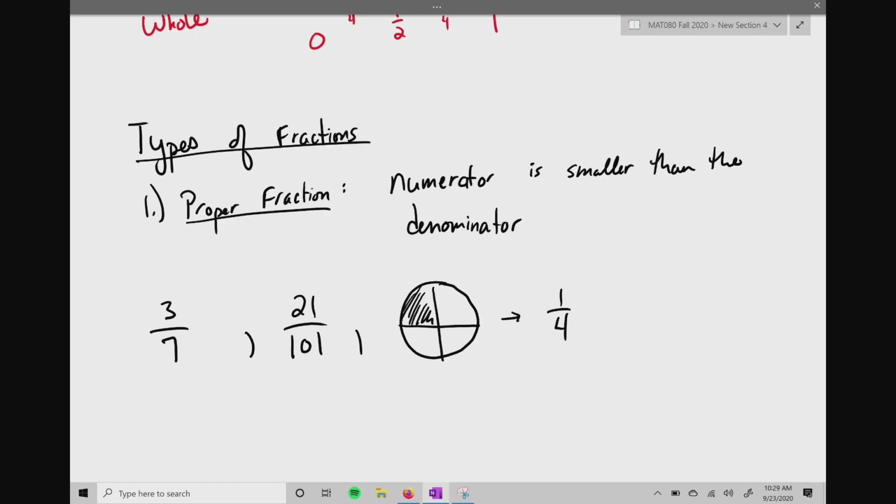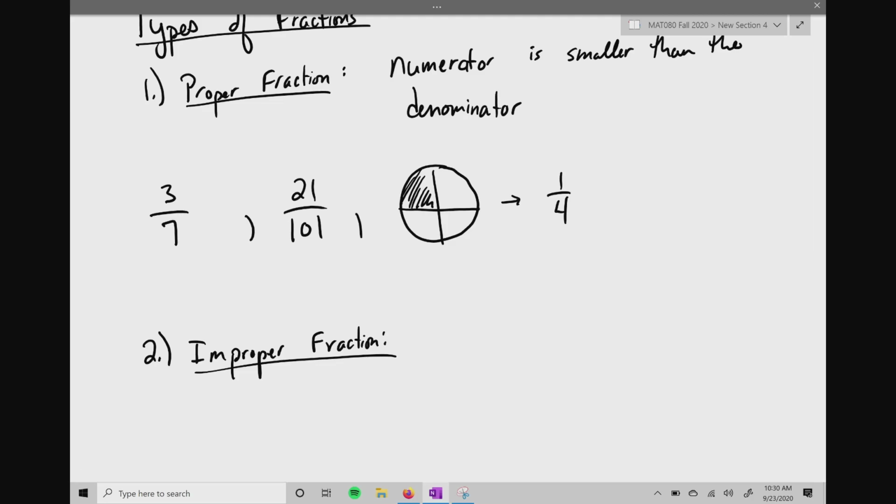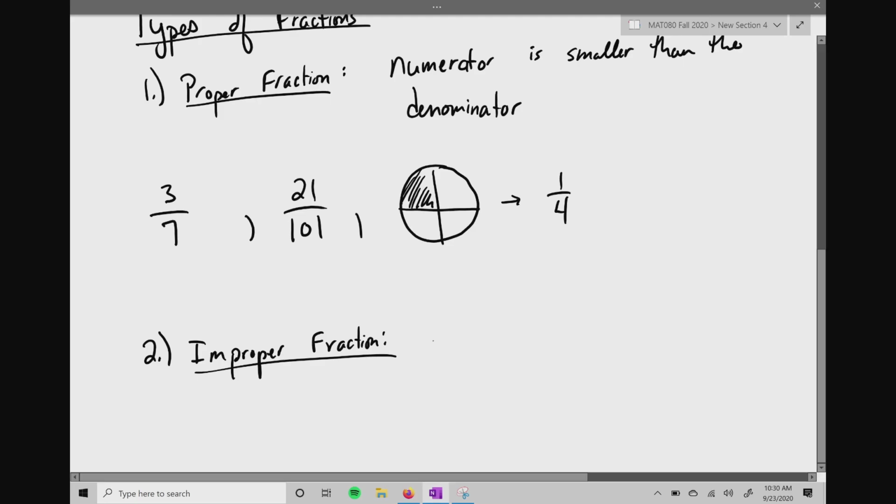All right. So now, the second type of fraction we have is an improper fraction. All right, and an improper fraction is the exact opposite of a proper fraction. This occurs when the numerator is larger than the denominator.